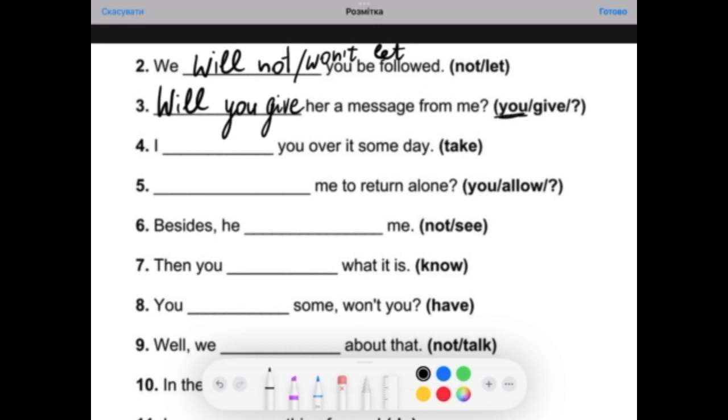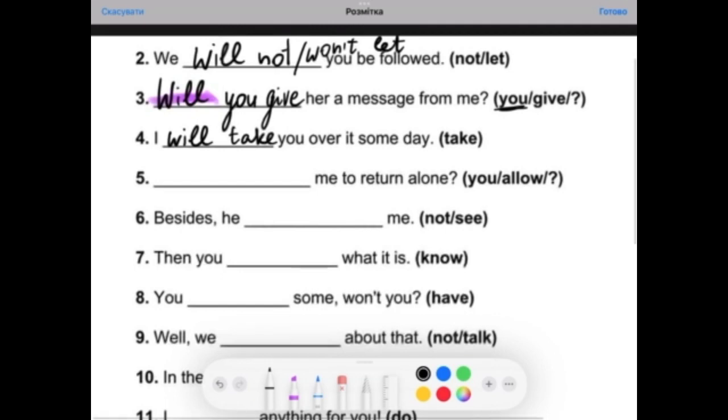So it's will, then the subject, you, and then our verb. Then I will take you over someday. I will take. Then the question, will you allow me to return alone? Also one more time, will is in the first place, and then the subject and the verb.